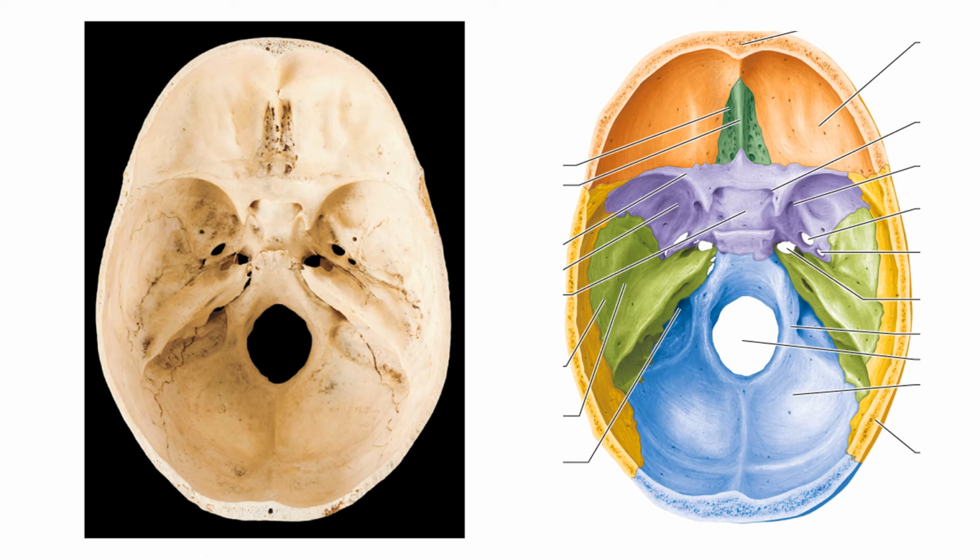We can also see some of the other structures in this figure. Here's the Foramen Ovale. The Carotid Canal is not very well seen because it's coming out at an angle. The jugular foramen as well is at a poor angle, but it's here.